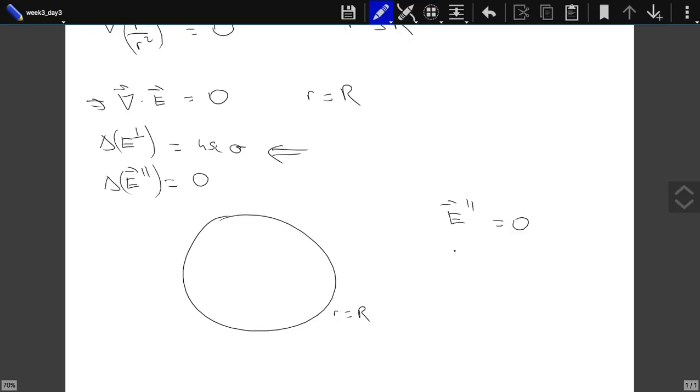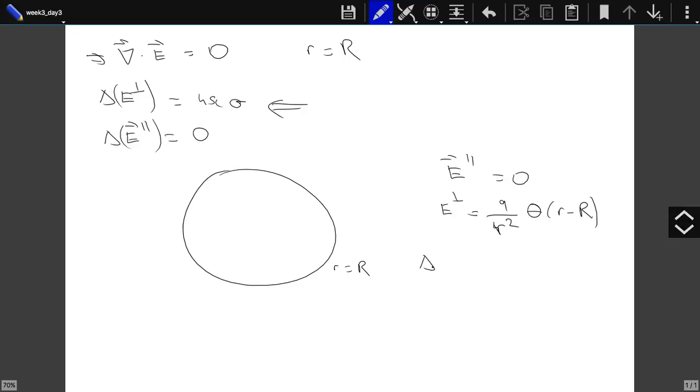Now the perpendicular component of the electric field, on the other hand, is equal to Q over R squared. The radial component is the perpendicular component. And then we have the step function, which says that inside the sphere it is 0, and outside the sphere it is non-zero.